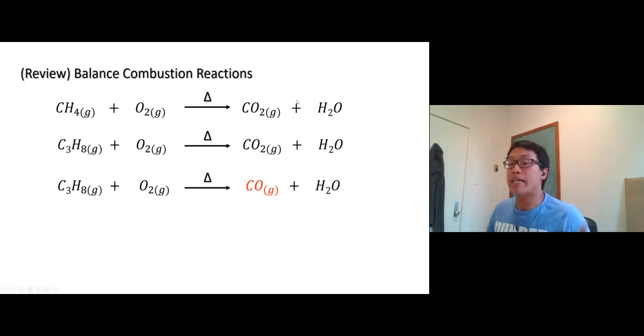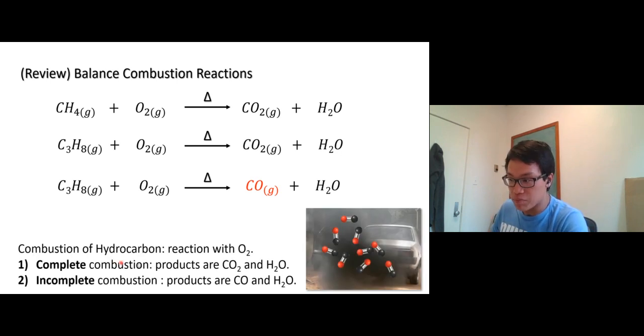Well, actually, that's not really true. When you get only carbon dioxide and water, we call that a complete combustion. The products are carbon dioxide and water. But sometimes, I think you have seen it before, like in an old car, which is illegal nowadays, producing black gas. That is not carbon dioxide.